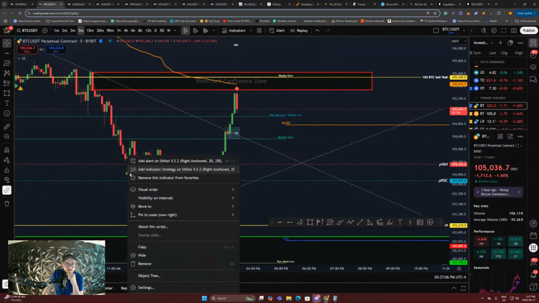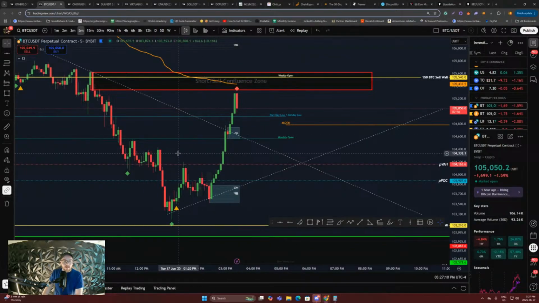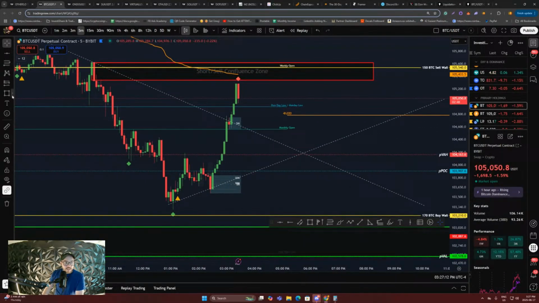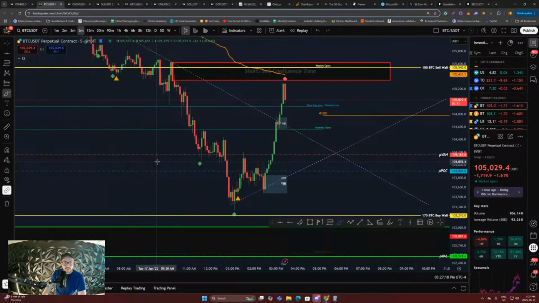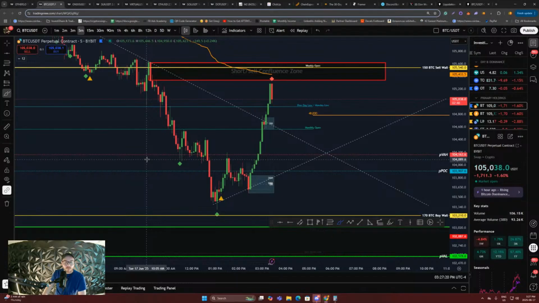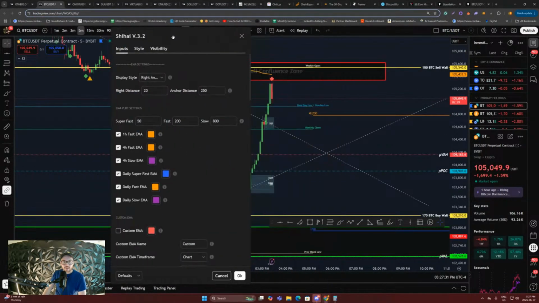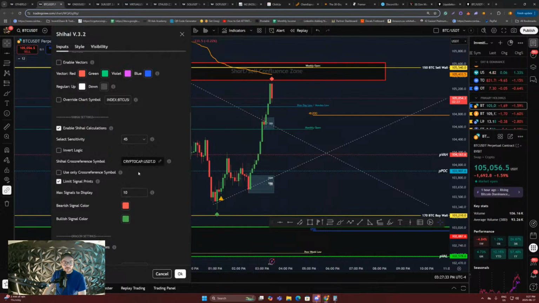Where is the visual order? Bring forward. The Shi-High indicator, for those of you who don't know what this is, looks at opposing confluences or pairing confluences alongside the USD dominance. You can change it so it syncs with another chart, but the default is set to USD dominance.